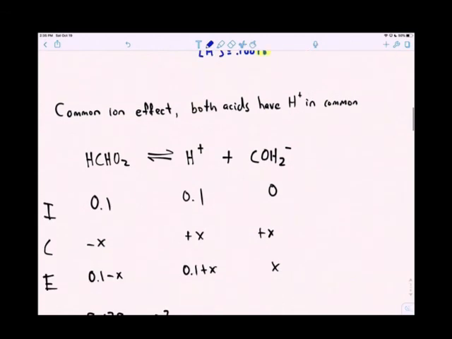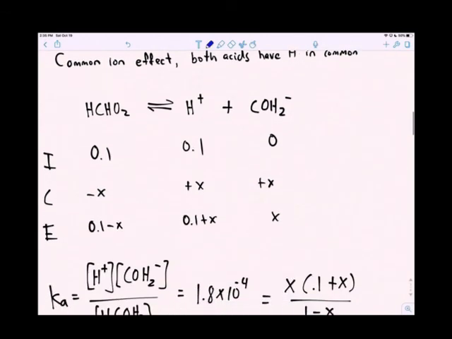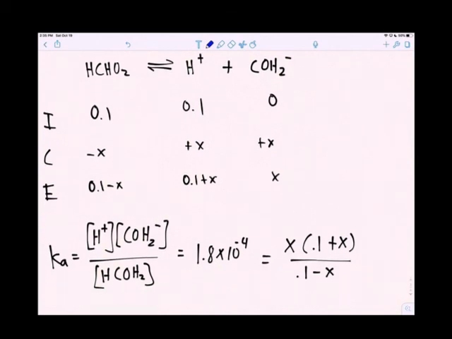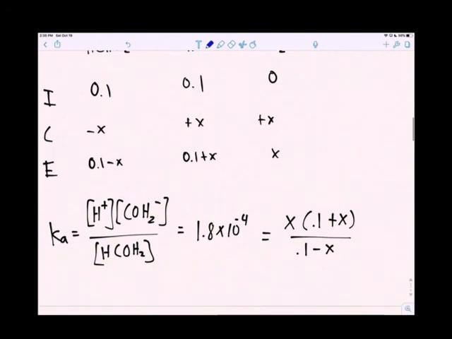So you have this case, and then the initial, change, equilibrium. Just like I put in the textbook, you have to include that in your calculation, and then include the value when you set up the equilibrium expression.